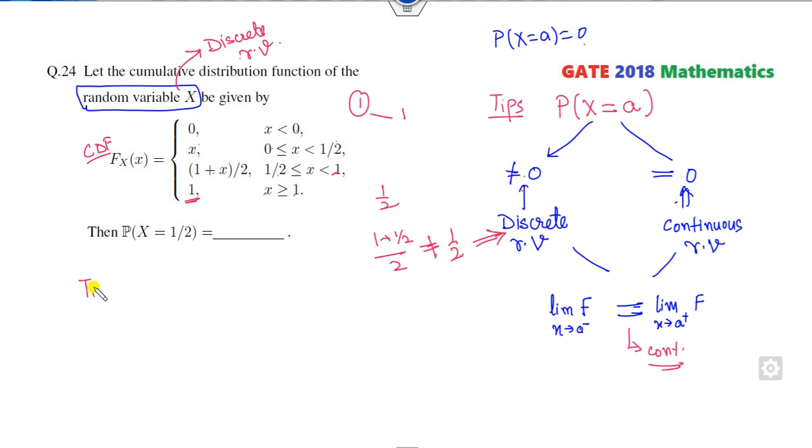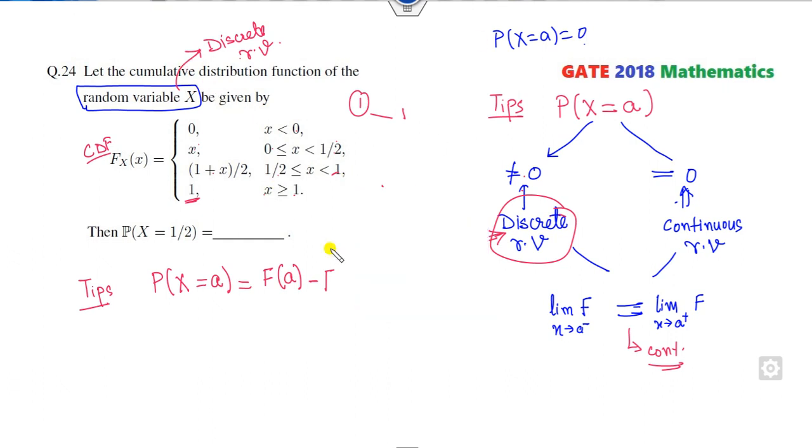So remember the second tip for you always. What is the probability at x equal to a when it is a discrete random variable? You can write this as F of a minus F of a negative.